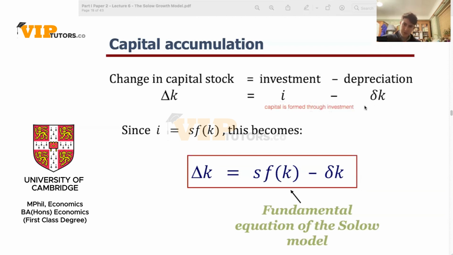Capital is formed through investment. However, capital depreciates at a rate delta. And we know from the mathematics we did a second ago that i is equal to sf(k). We know that this is the function, right? This is the growth function.